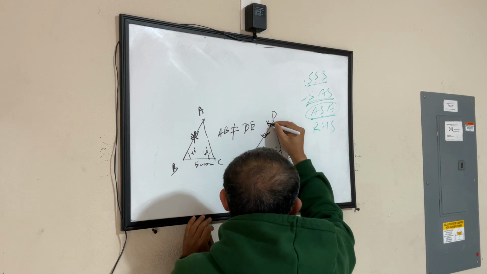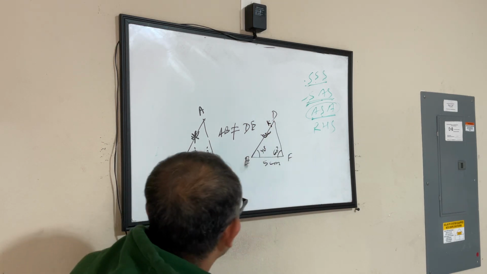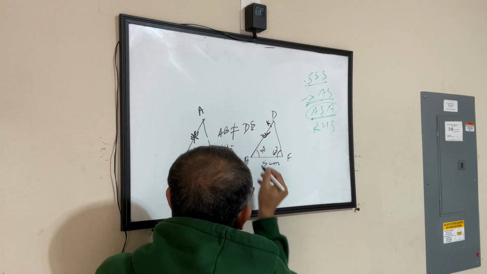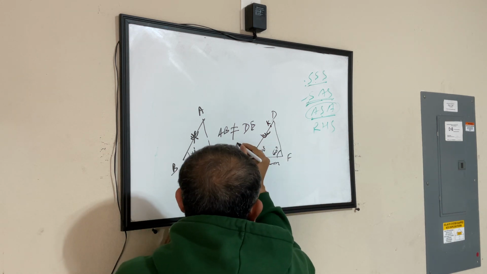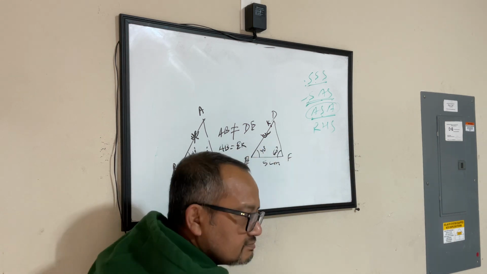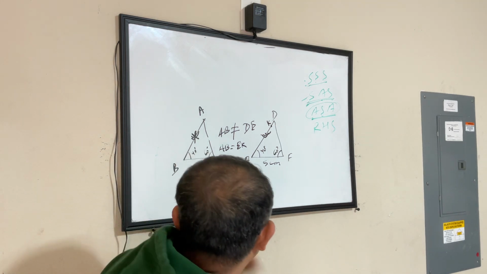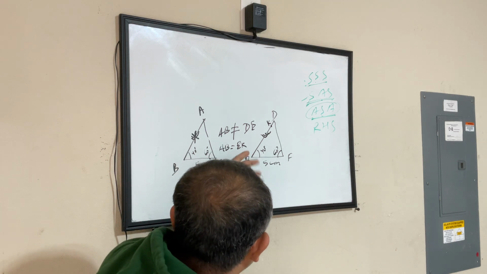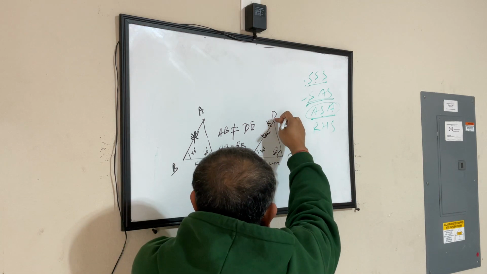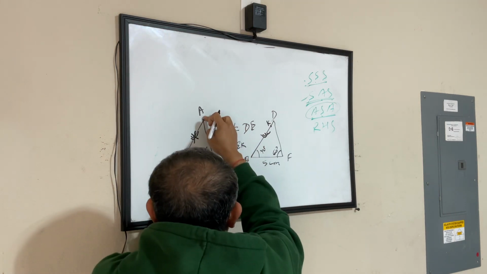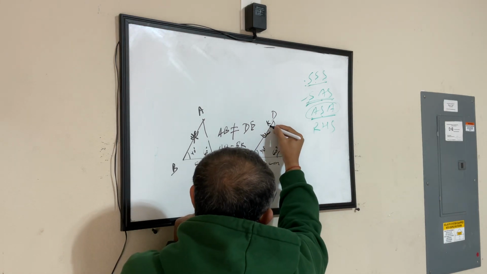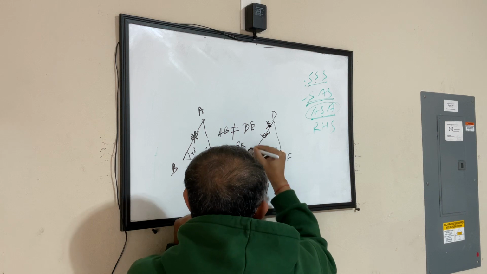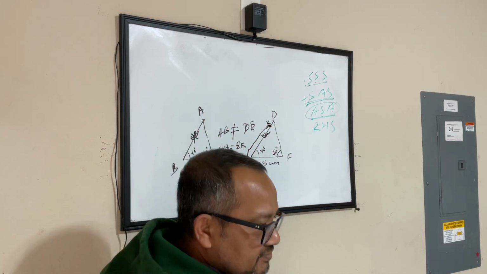Let's say this point is K, where AB is equal to EK. I'm saying that these two sides are not matching, okay? So we are saying that probably this distance DE is bigger than this one. That means somewhere in the middle, this length here to here is the same as this one.